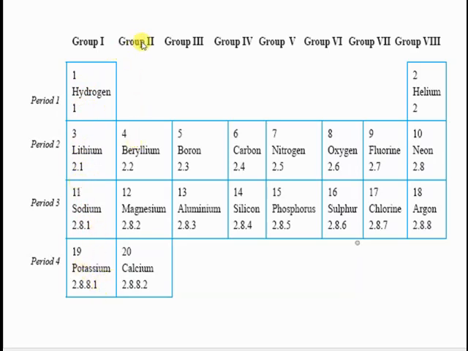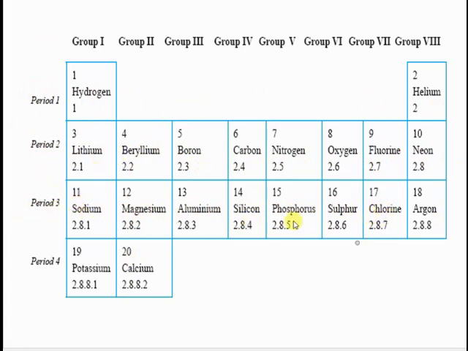Group 2 are called group 2 because they have 2 electrons in the outermost energy level. So 2, 2, like that as you go across the period. So this one is period 1, this is period 2, and then we have period 3. Period 3 starts with sodium, magnesium, aluminum, silicon, phosphorus, sulfur, chlorine, and argon.